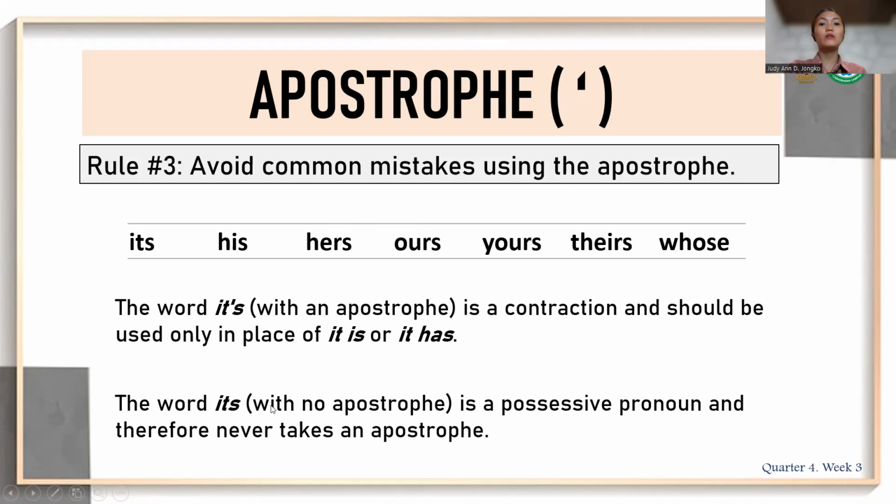The word its with no apostrophe is a possessive pronoun. As you can see in the examples above, we have its, his, hers, ours, yours, theirs, whose. These are examples of possessive pronouns. Again, it's with an apostrophe is a contraction for it is or it has, and its without an apostrophe is a possessive pronoun and therefore never takes an apostrophe.